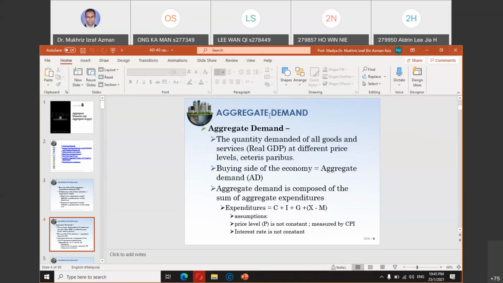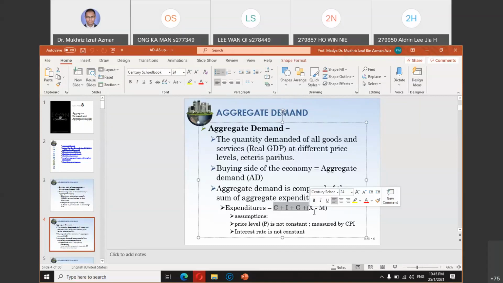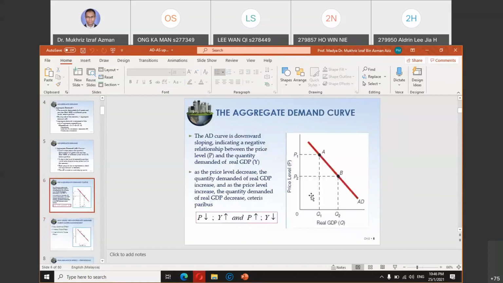It's the same thing here, but demand here is in terms of C, I, G, and then exports minus imports, X minus M. We learned this in chapter 9 or 10 under national income equilibrium. When you add all of this, you get aggregate demand, the total expenditure. First understand what aggregate demand is and why it is downward sloping.